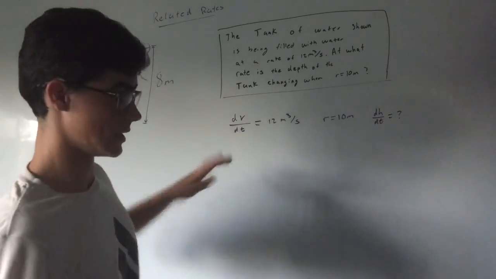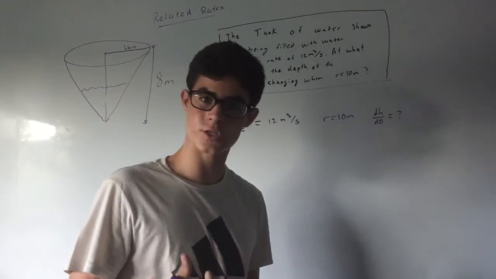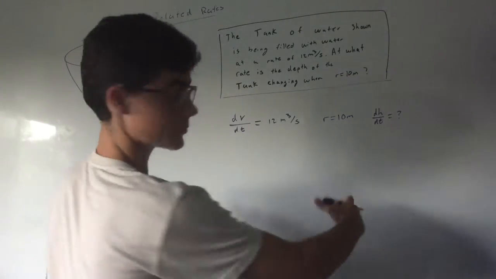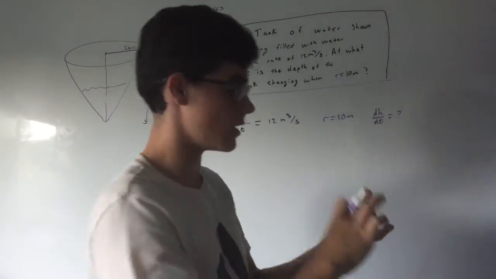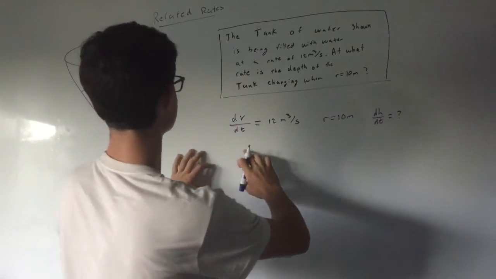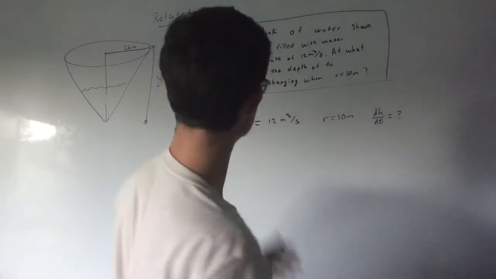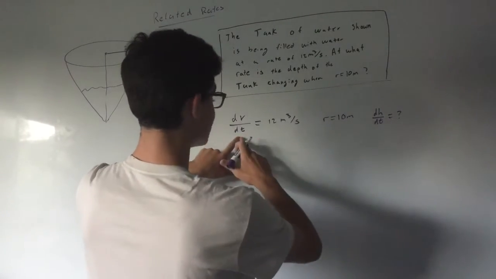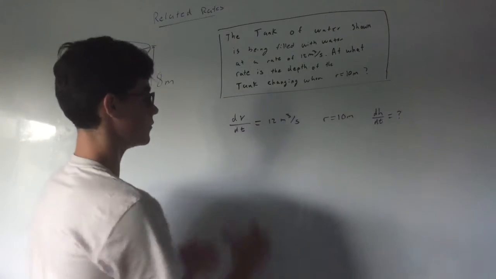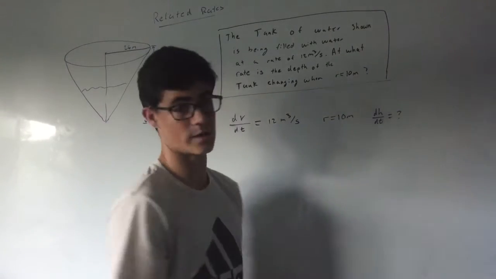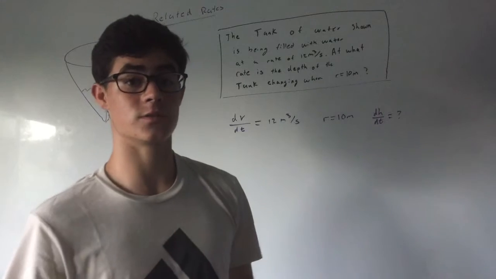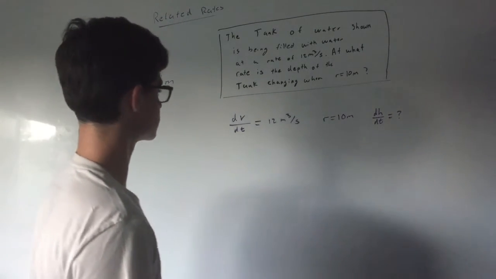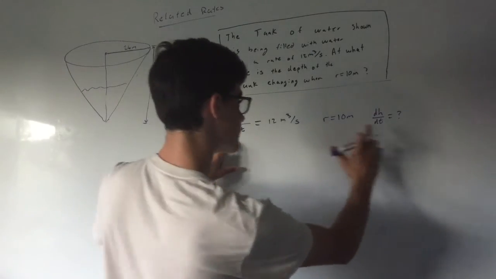Really, writing them out in calculus notation, where you can see them visually and express them through math, is the best way. You can really visualize what equation we're going to take a time derivative of, because it's going to be related to this. So we want to find a relationship between dV/dt and dh/dt. Writing out these variables this way is really going to help you find which equations you're going to be looking for. Okay, so we have volume, the radius, and the height.